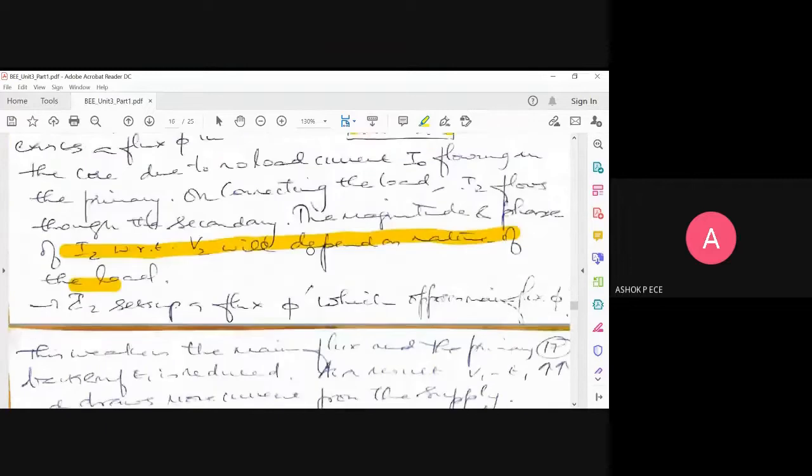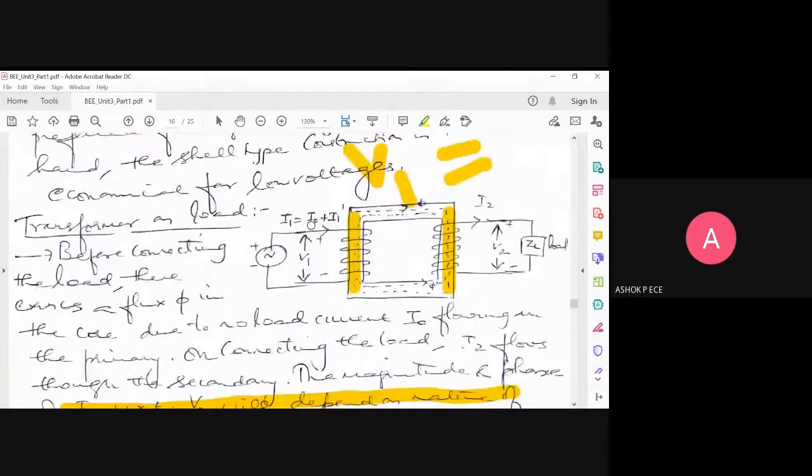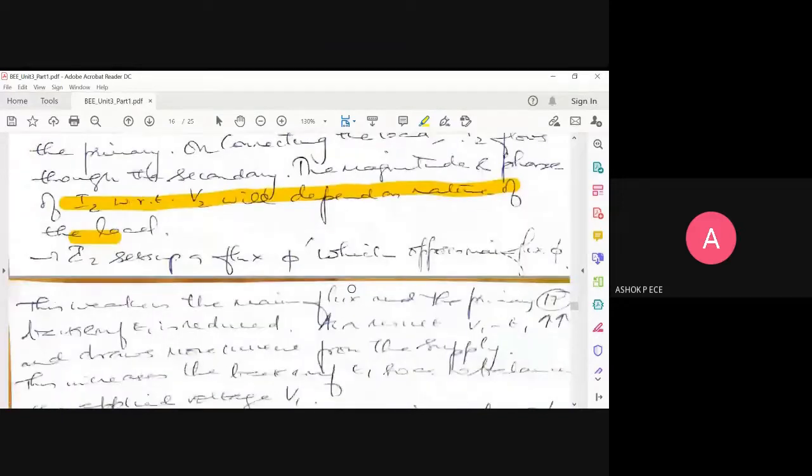To overcome this increased current, note that I naught is the no load current. When you connect a load to your transformer, there will be an additional current I1 dash, which is the current flowing because of your load. So the primary current always has two components. One component is the no load current, the second is the load current. I naught is the no load current, which we saw yesterday.